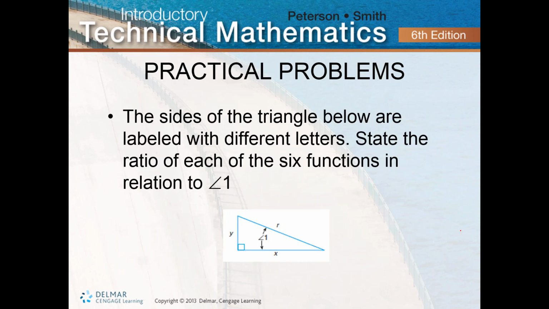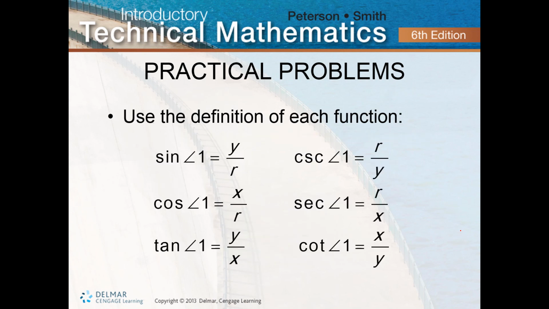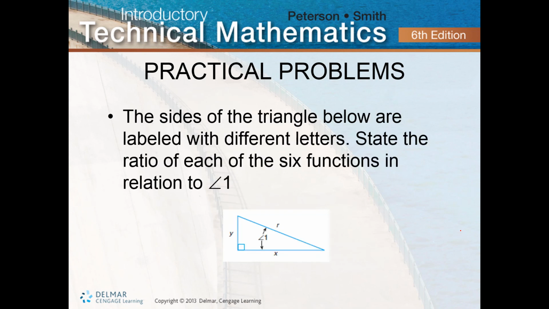So it says the sides of the triangle below are labeled with different letters. State the ratio of each in relation to the angle. And we did this just before, okay? So if we look at our triangle, opposite is y, adjacent is x, and hypotenuse is r, opposite the right angle. All right, so if I want my sine, that's what? Opposite over hypotenuse, right?